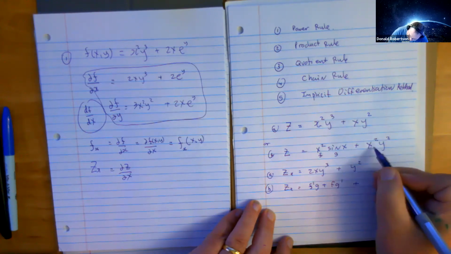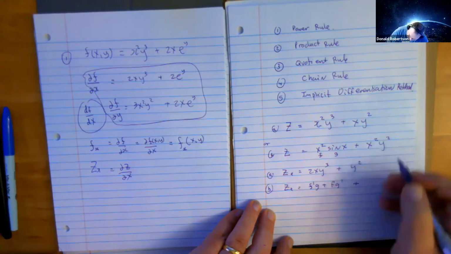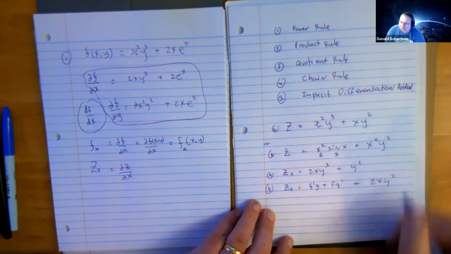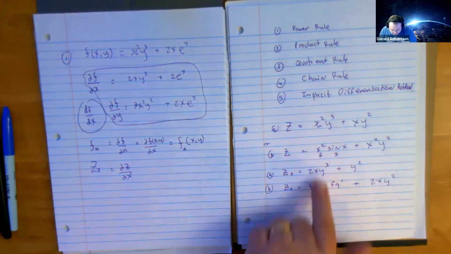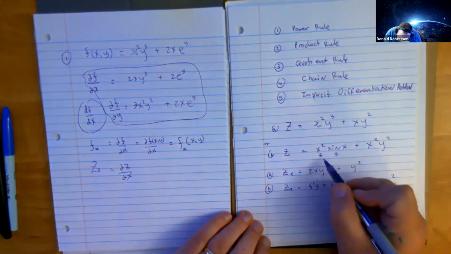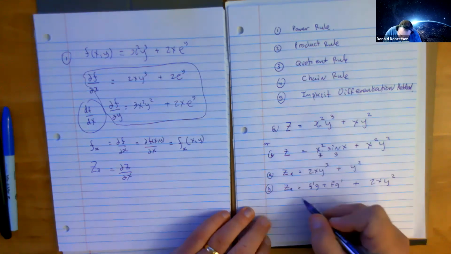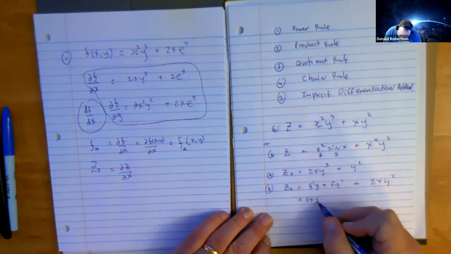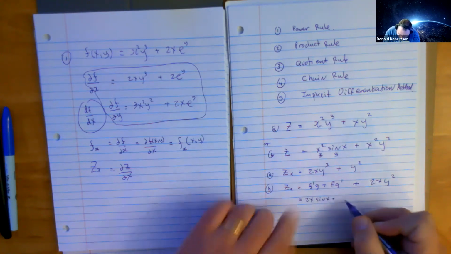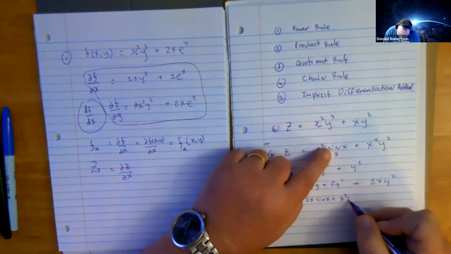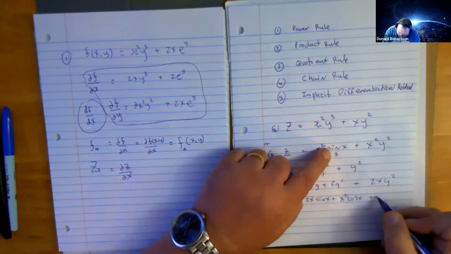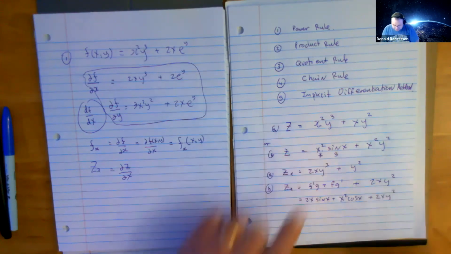Plus, wouldn't I still have to differentiate this guy, but in the usual way? Now, in this question then, that guy is 2x. Leave the second one alone. Plus, leave the first one alone and differentiate the second. And then tag on the 2xy squared.